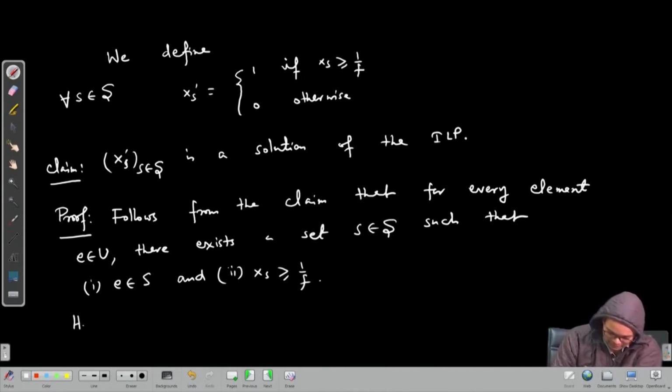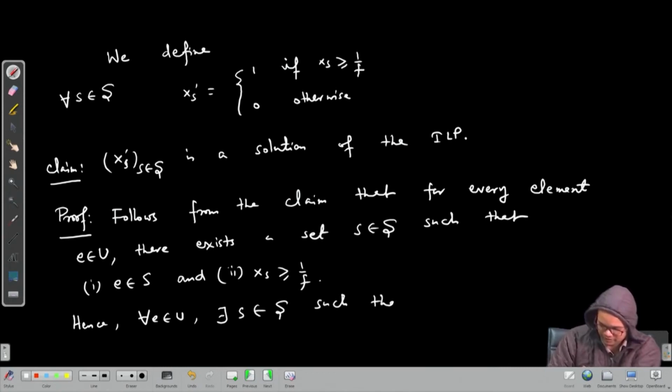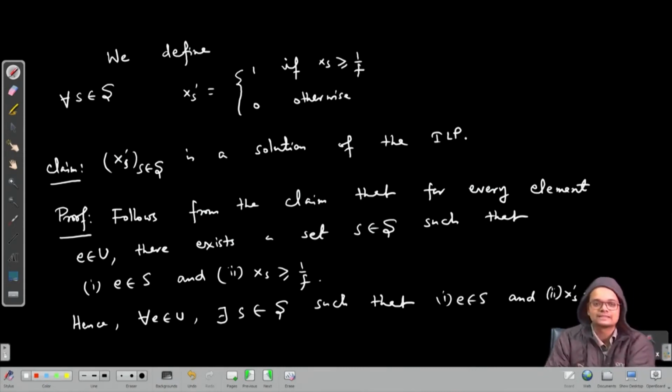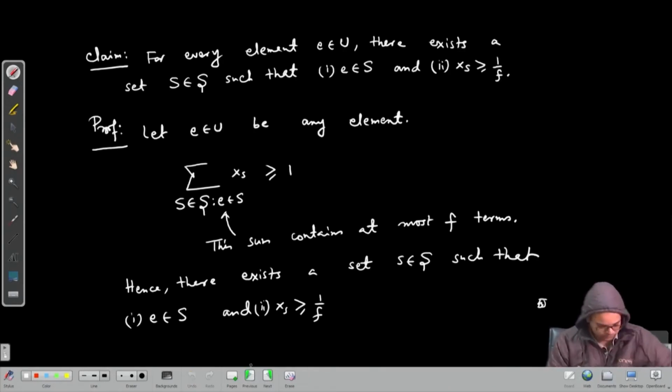Hence, for every element e in U, there exists a set S in script S such that e belongs to S and x'_S equals 1, and this is exactly the requirement in the ILP.